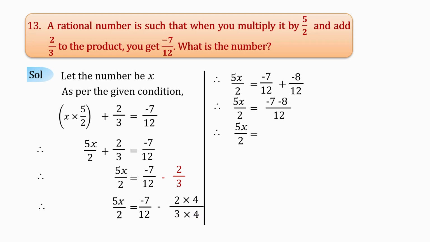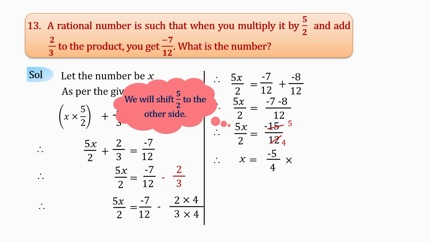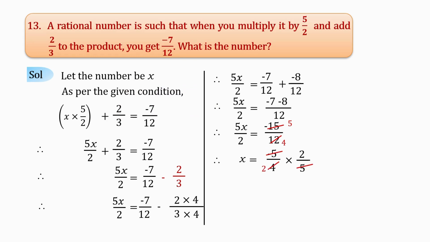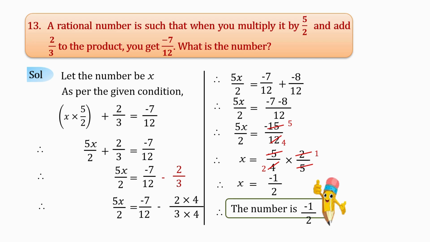Now just add the numbers at the numerator. Now we are going to shift 5 by 2 to the other side, and it will change the sign. So the final answer we got is x equal to minus 1 by 2. That is the number. This is the final answer.